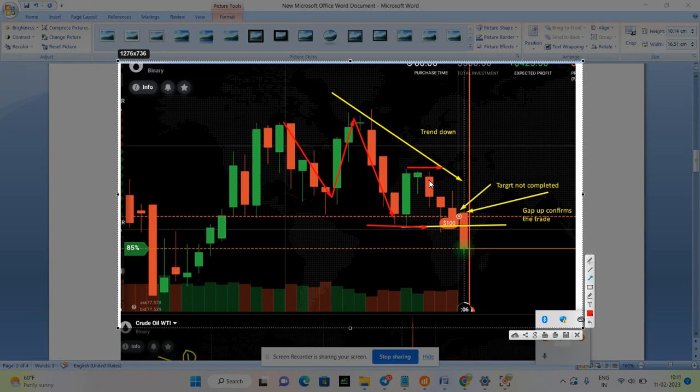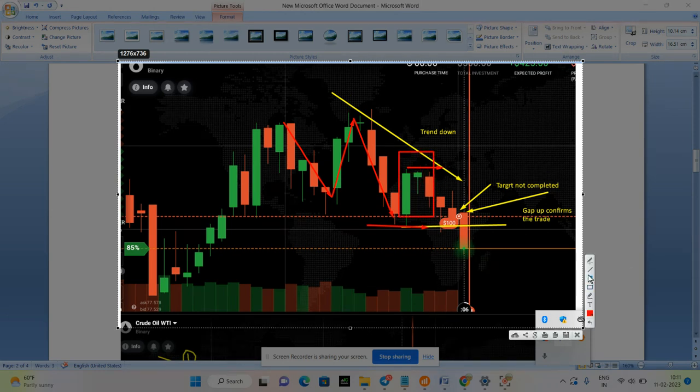From here we can see, as the market turned down, this is the target of the market. At least up to that point the market will go down, and here we have an evening star.